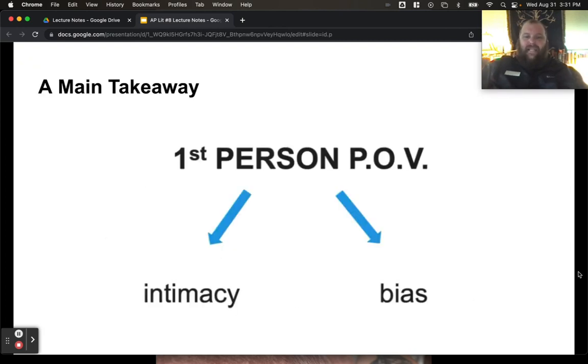So a main takeaway is this. If you were to look at a positive and a negative of first person point of view, it does allow for intimacy, a closeness between a narrator and an audience, but it also can contain, and often does contain, bias of some kind. Right.